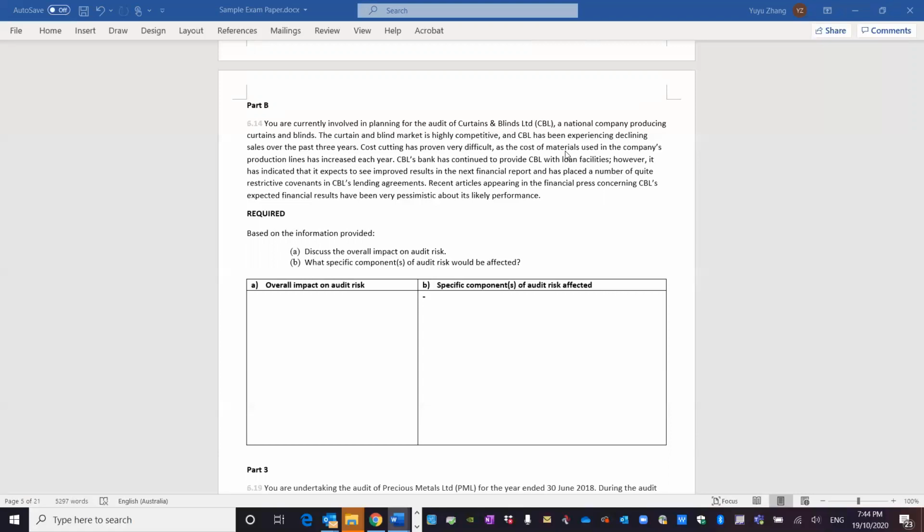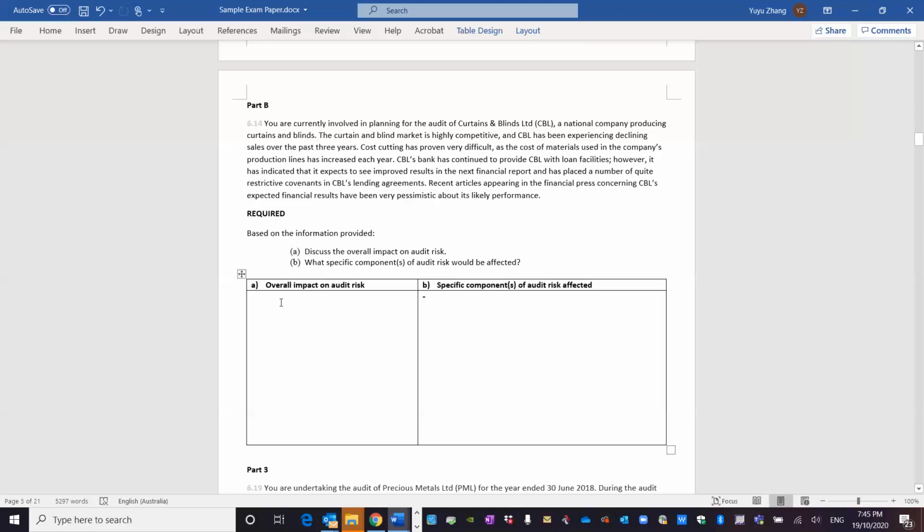The market is highly competitive, experiencing decline in the sales for 3 years. And also it is very hard to do any cost saving. The bank has continued to provide loan facilities but now indicates unless it could see improved results. And also there is a quite restricted debt covenant in the loan agreement. Also, recent articles say the financial results are not good.